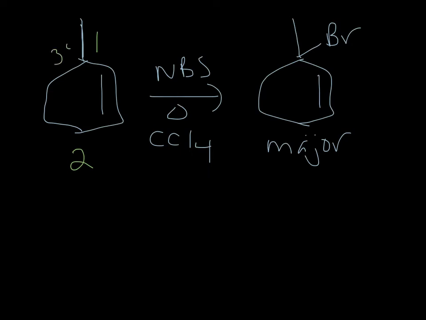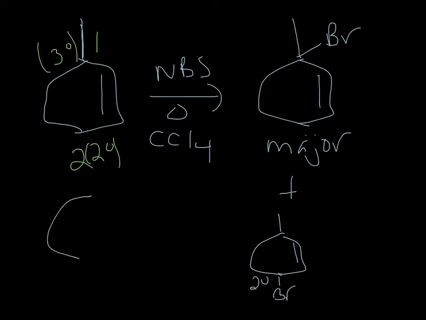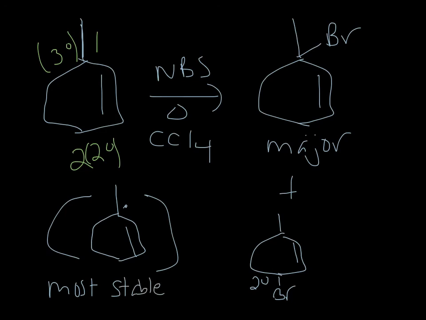So this is a tertiary carbon, that's a secondary carbon. And then I might also see a little bit of substitution at the secondary system. And the reason that the majority that I see is this tertiary system is because this is the most stable intermediate. Its resonance stabilizing is at a tertiary carbon.